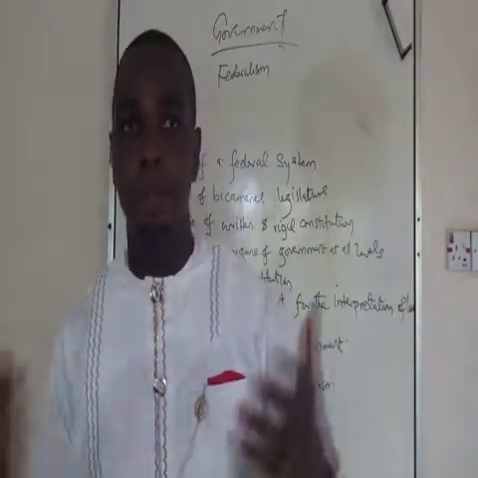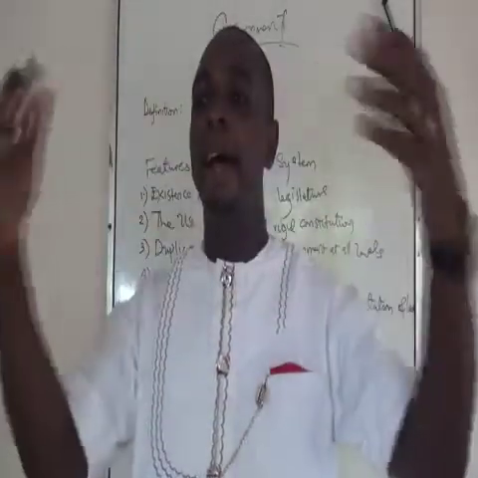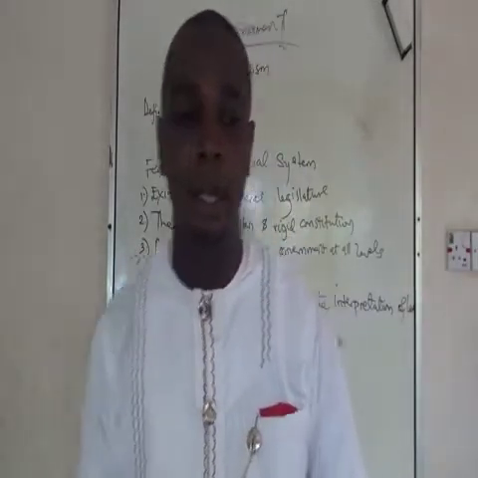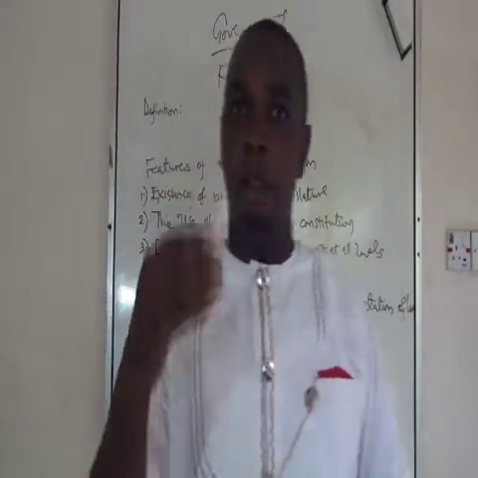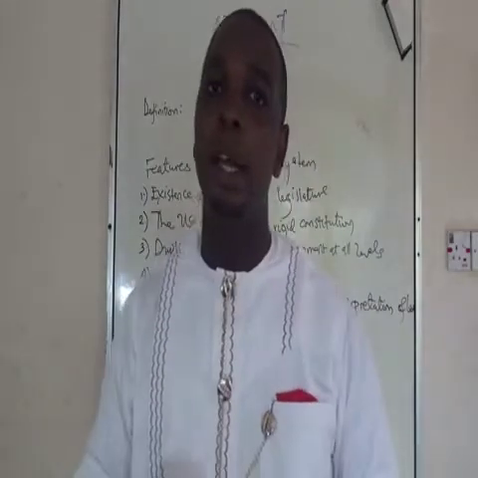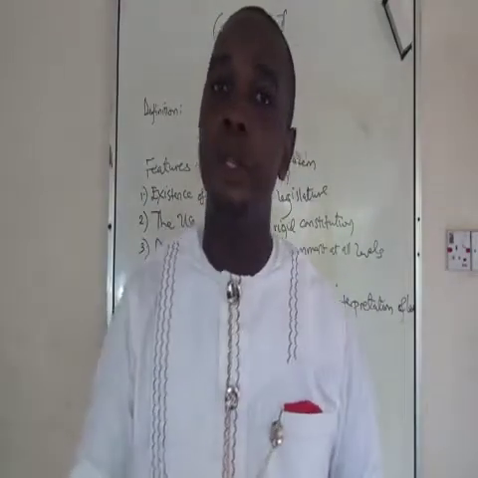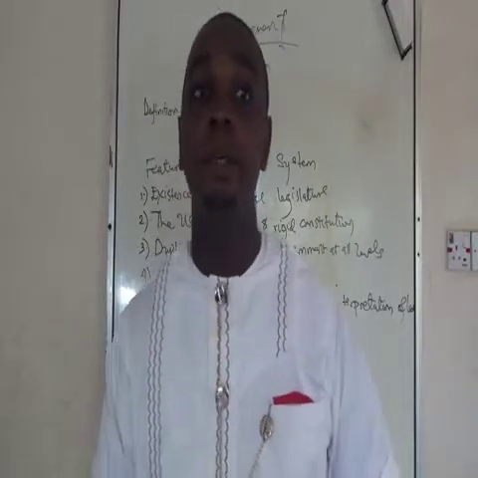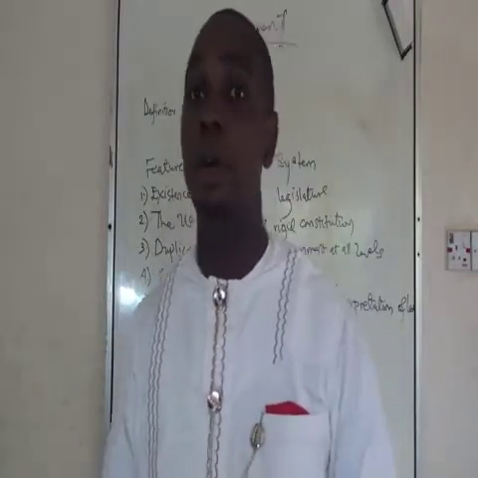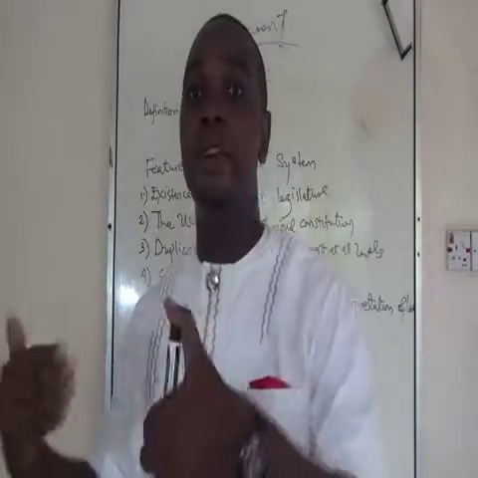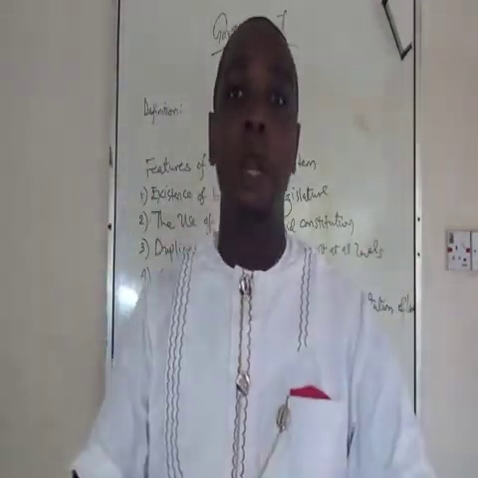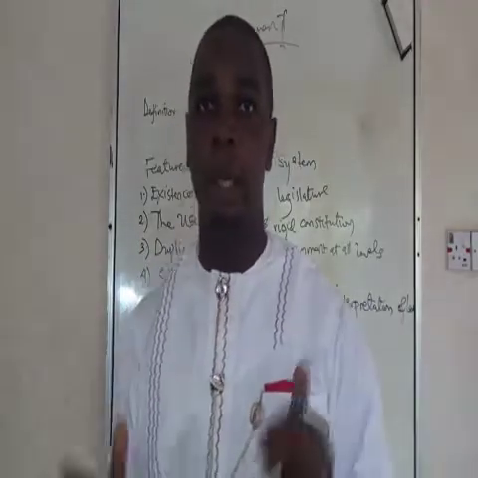In the world over, there are many countries practicing federalism. In fact, it follows that modern nations must adopt the federal system. Why so? The reason is because when a federal system is adopted, government can operate functionally.